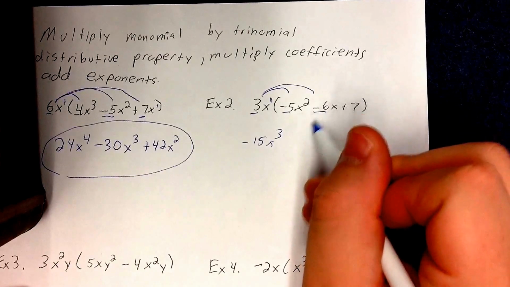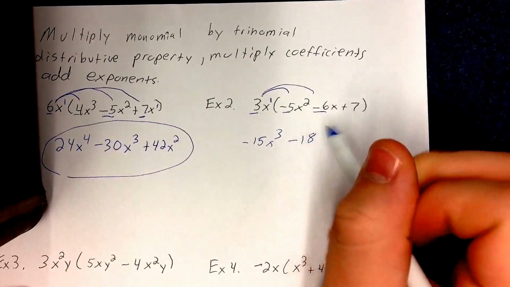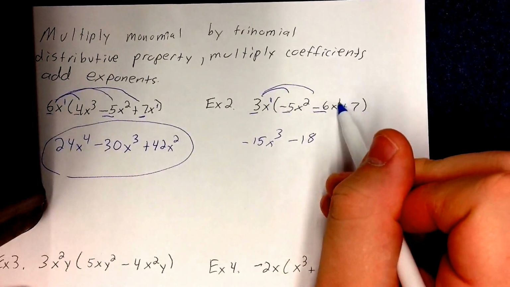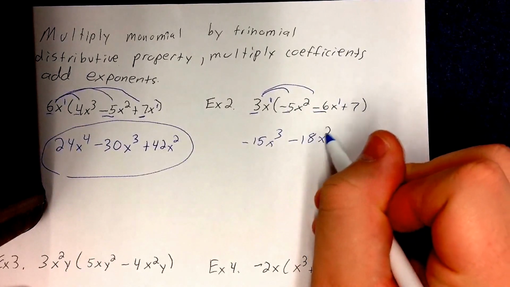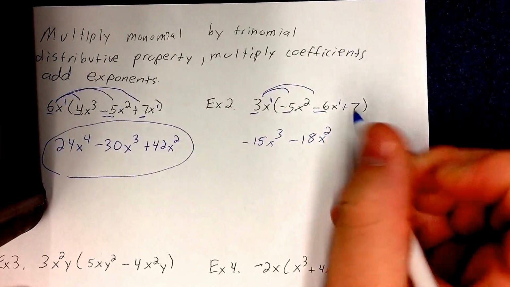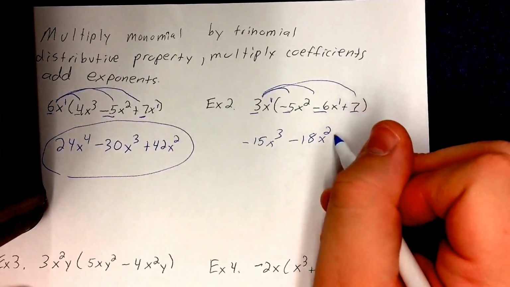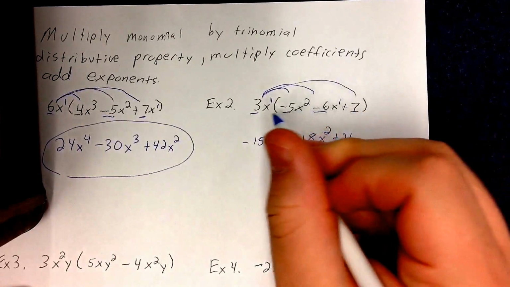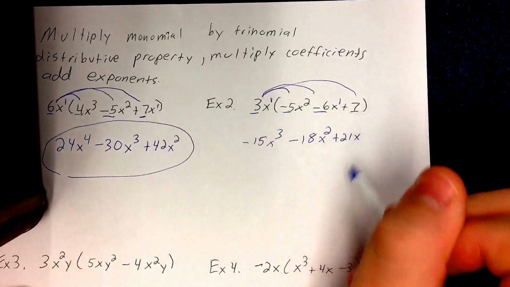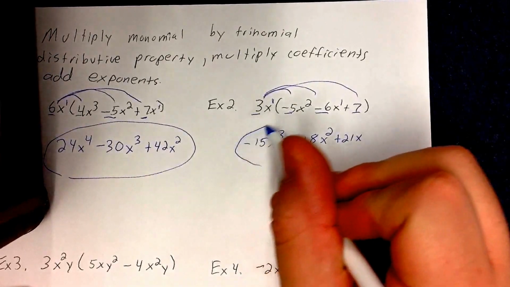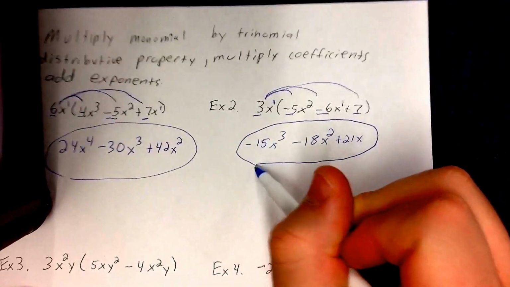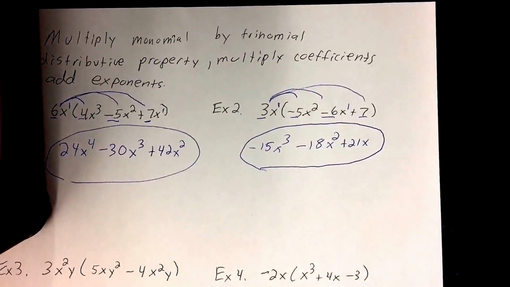Well, 3 times negative 6 is negative 18. X to the first and x to the first is x squared, because 1 plus 1 is 2. 3x times 7, well, 7 times 3 is 21, and then we still have this x there, so we have to put it there. So negative 15x to the third minus 18x squared plus 21x.